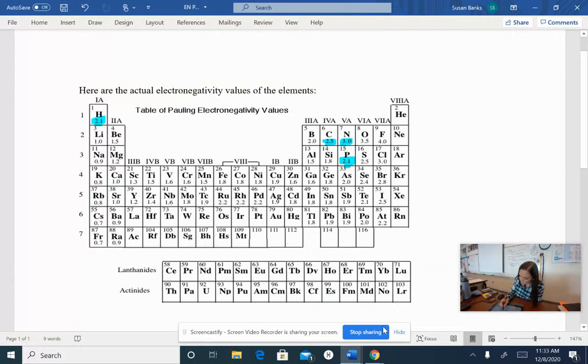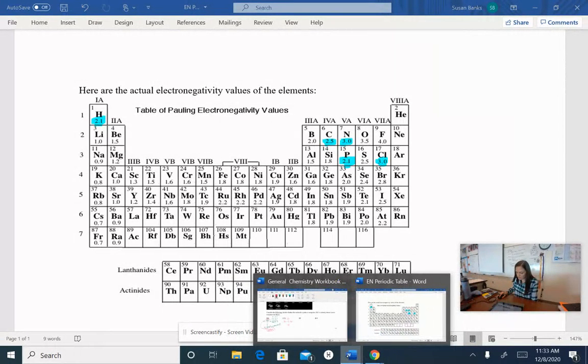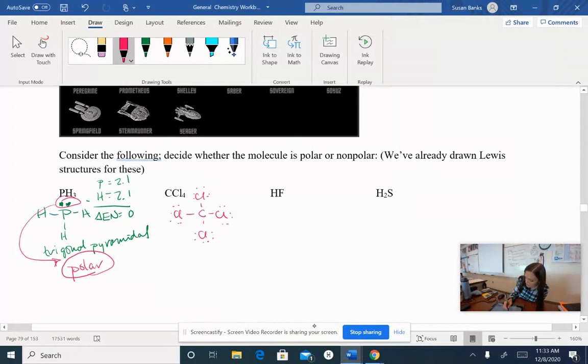So carbon is 2.5, chlorine is 3. So the difference between 2.5 and 3 is 0.5. So that does give us a fair amount of electronegativity difference. So our difference is 0.5, so that very well could be polar.